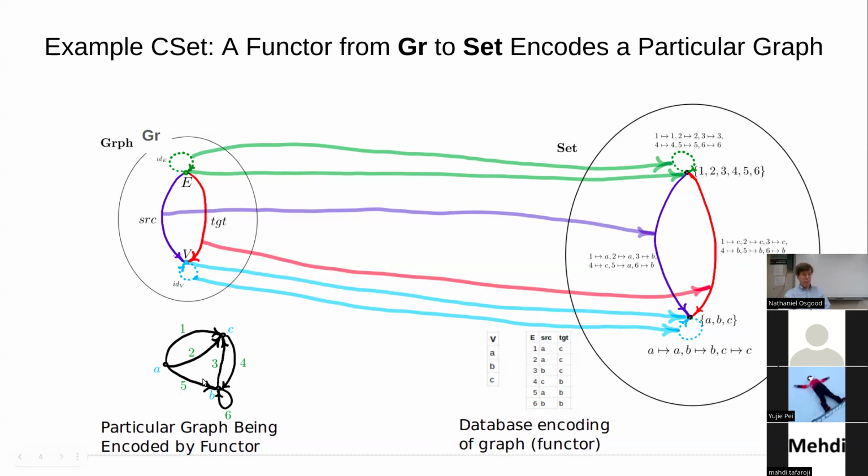Any directed multigraph, so in other words, a graph where we have edges and vertices, where the edges are directed from a vertex to another vertex, and where there can be more than one edge between vertices, and we could have edges from a vertex to itself, any such graph can be encoded as some functor here, because we're providing the necessary information. Are we comfortable with this?